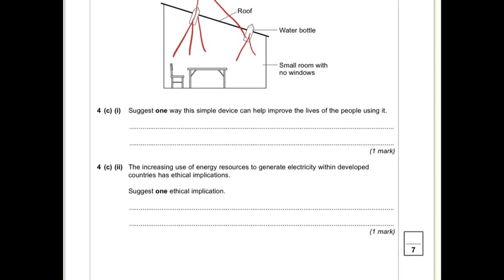You'd have to say that damage to the environment affects all people, or will affect people in the future in terms of energy resources left over. Or you could mention that some places have unequal access to energy. So some people have lots of energy, while people in other poor countries might not have access to energy. So something along those lines.